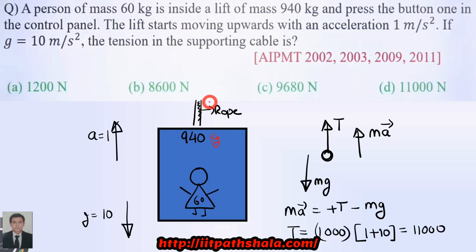Now as per Newton, you first have to draw the force diagram, the free body diagram itself. So what I am taking over here is my lift and my person as one body. 940 plus 60 gives me a mass of 1000 kg.